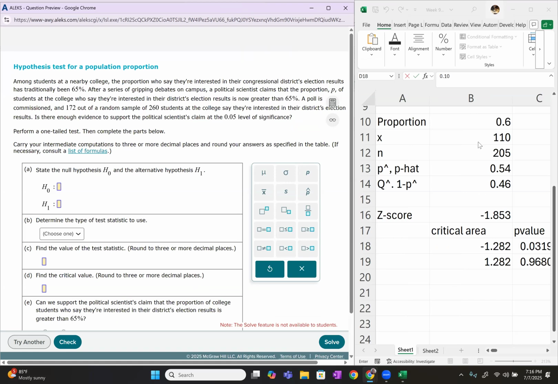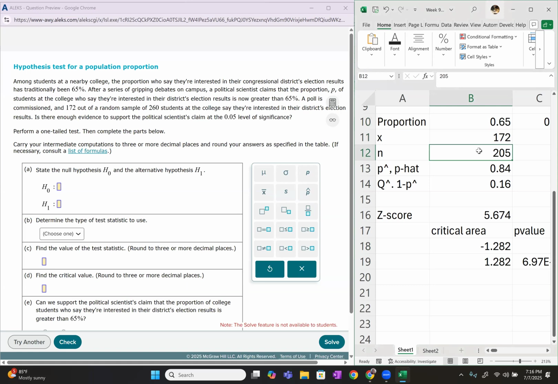What's the proportion? 0.65. Yeah, so 0.65. Okay. Now what's the x over n value? What is the fraction? 172 over 260.